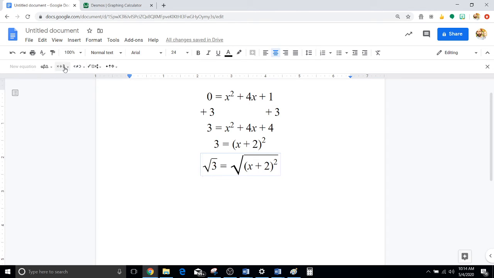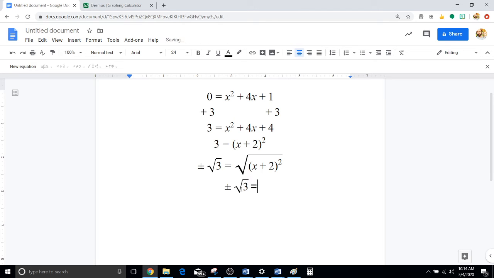So let's change this to a plus or minus in front of our root 3. Now we do the canceling out of the square root and the square, and we get plus or minus root 3 is equal to x plus 2.